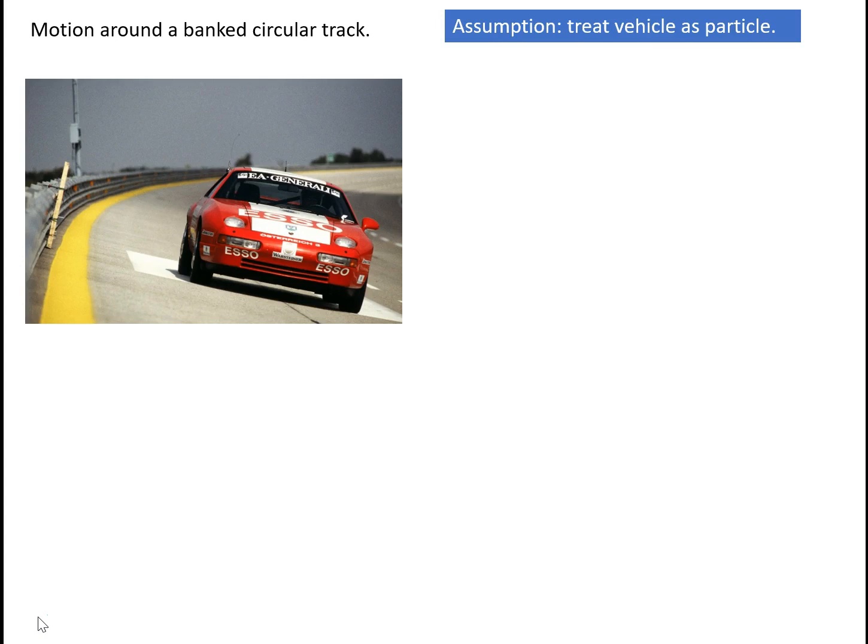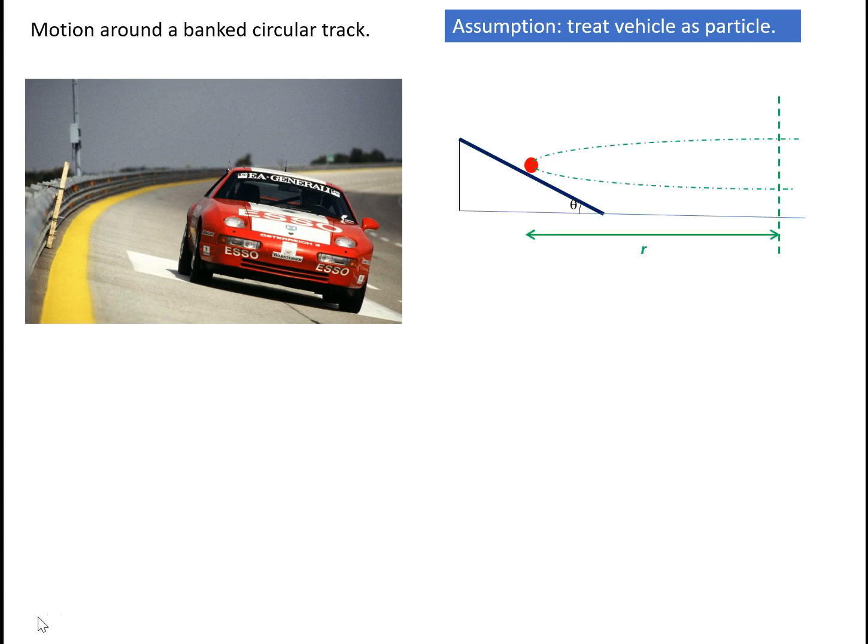As before, we're going to treat the vehicle as a particle. So there's a massive modelling assumption going on there. So let's simplify and draw a diagram. So we've got our car on a banked slope and going round a circle of radius r.